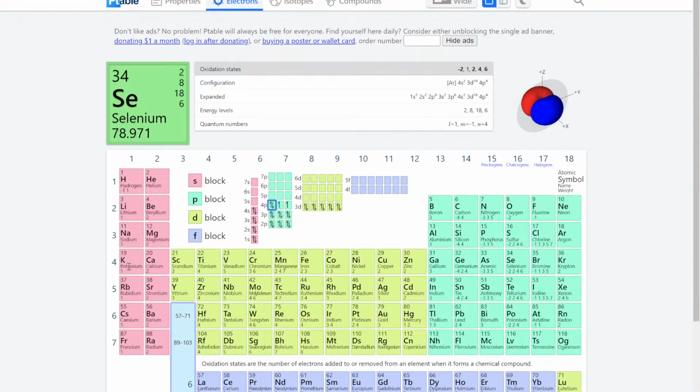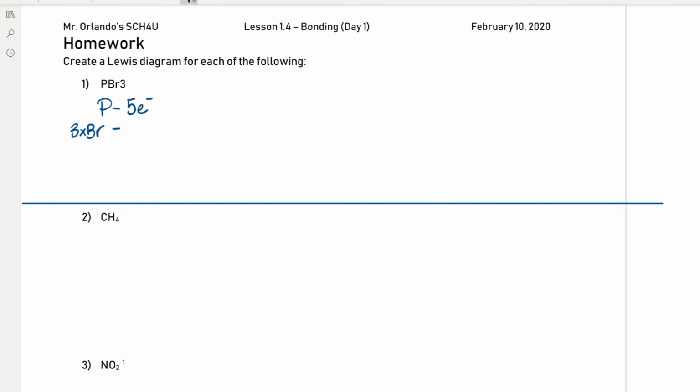Because we've got 1, 2, 3, 4, 5, 6, 7 electrons in the orbitals that we consider octets, in the s and p orbitals. So 3 of those would be 21 electrons, and there's no charge, which means we're talking about 26 electrons.